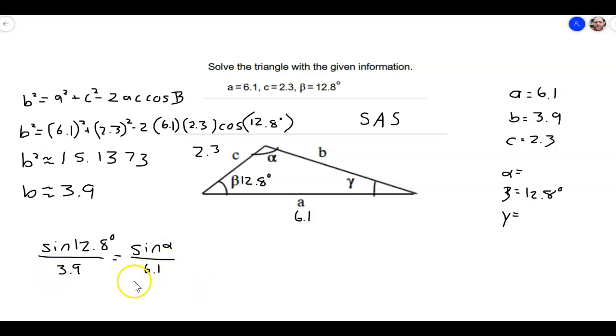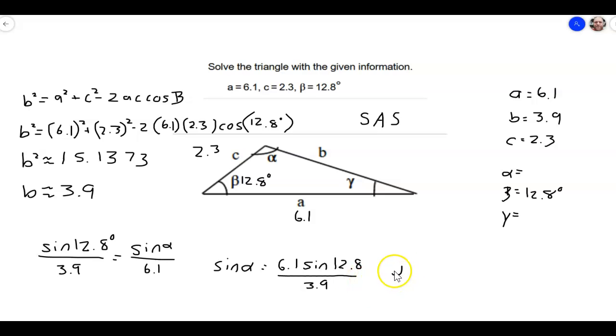If you cross multiply and divide, you will get the sine of alpha is equal to 6.1 times the sine of 12.8 all over 3.9.